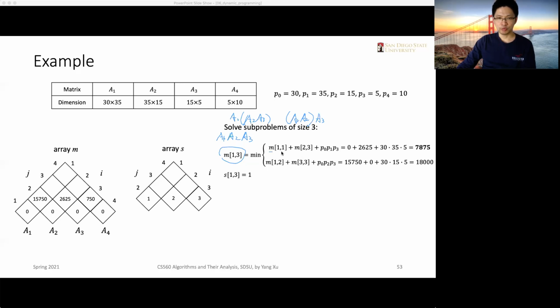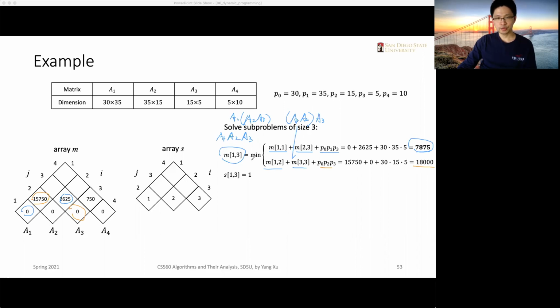The first condition is M11 plus M23 plus the additional cost. So it's actually 0 plus this value, which results in 7,000 and something. The second way would be M12 plus M33, where M12 is this number, plus 0, plus the additional cost, which would be 18,000.